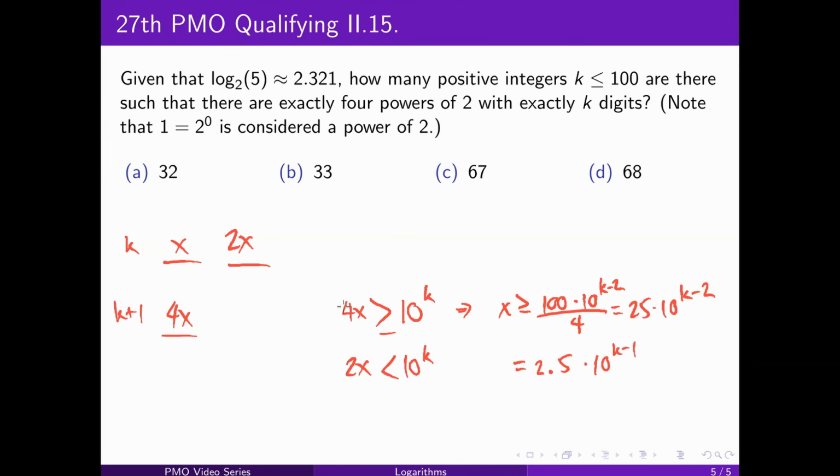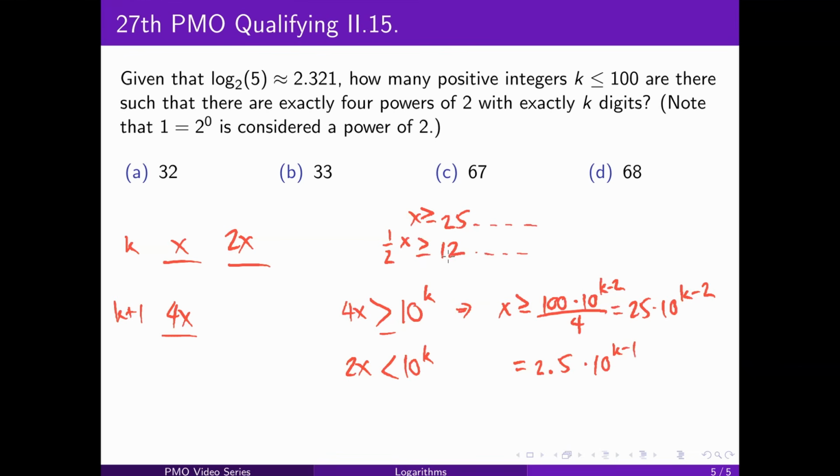2.5 times 10 raised to k minus 1. So you can imagine that x is 2, 5, and then some other digits, or at least 2, 5, and some other digits bigger than that. However, this means that if you divide x by 2, then it must be at least the first 2 digits, 1, 2, and then some other digits, right?